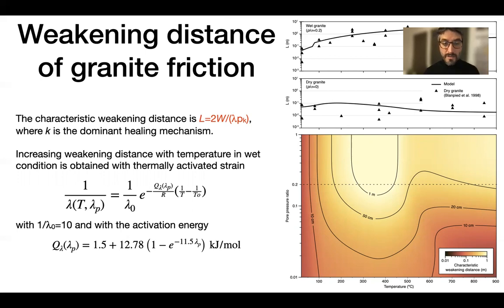So it is given an activation energy, and this activation energy depends on the fluid content. With this, we can capture the drastic change of orders of magnitude of the characteristic weakening distance from dry to wet conditions. In wet conditions, the characteristic weakening distance increases by perhaps 2 orders of magnitude at high temperatures.